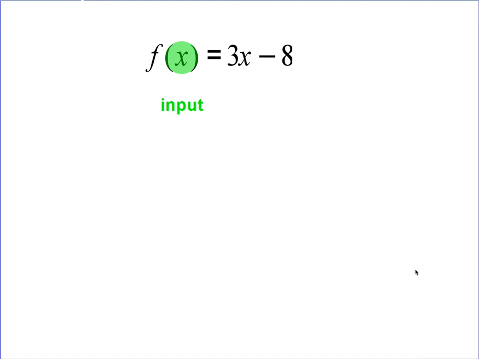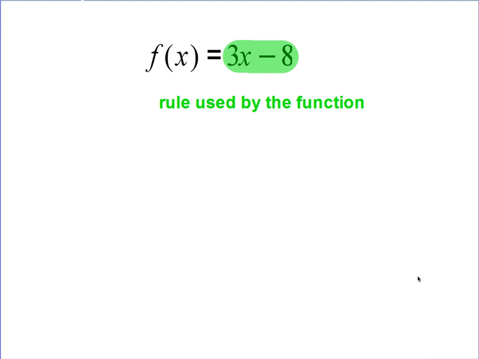Whatever is inside the parentheses is the input. So that's what we're going to put into the function. We can also replace the x with a number. So I could tell you, just like we did earlier in this chapter, that x is 4. And we could put a 4 in the parentheses, which would mean 4 is the input and 4 goes into the function. 3x minus 8 is the rule that is used by the function.